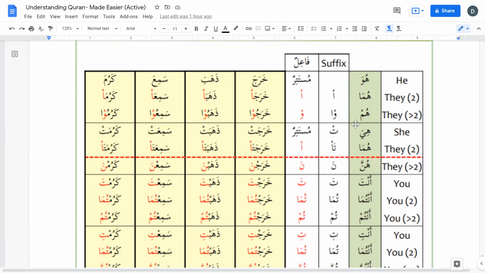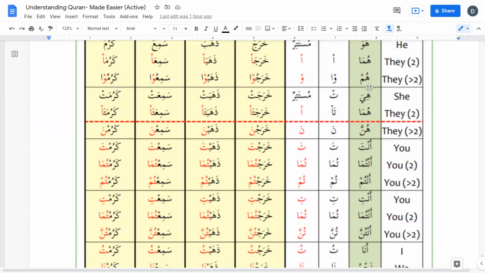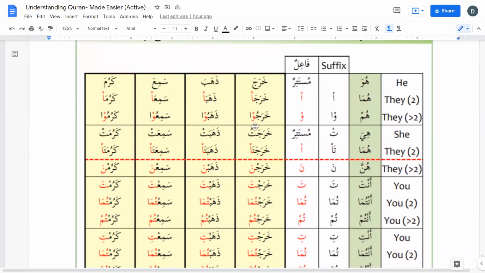And for hum we have this vowel jama that we add in the kharaja version, and we get kharaju. This dhamma comes because it goes well with wow. Dhamma goes well with wow, fatha with alif, and kasra with ya, right?